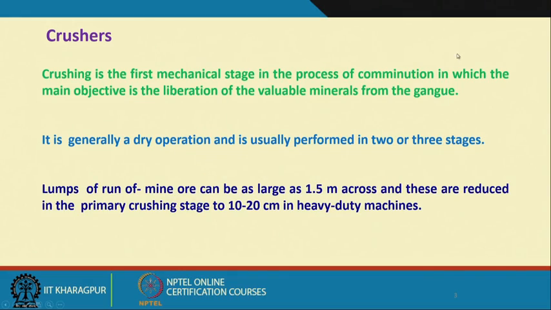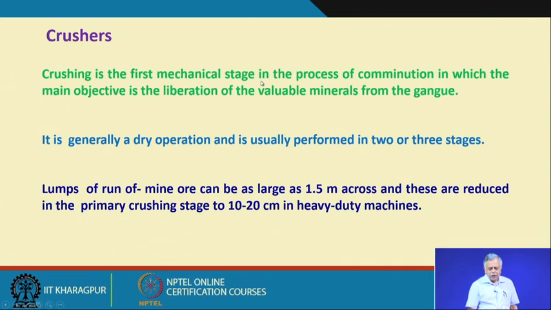Actually, as I have said already, the entire comminution process is primarily focused on liberation of materials when we talk about mineral processing operation. That means you are preparing your material for subsequent separation. So, crushing is the first mechanical stage in the process, because in the blasting operation we use chemicals.